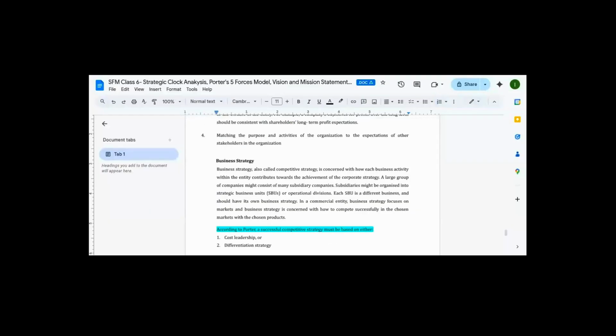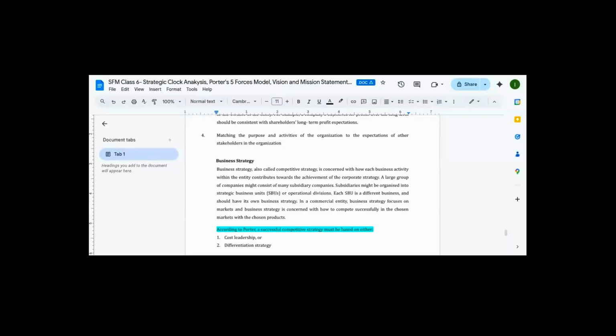So the business strategy, business level strategy. The business level strategy is also called competitive strategy. And the major focus of the business level strategy that we regard as competitive strategy is concerned with how each business activity within the entity contributes towards the achievement of corporate strategy.